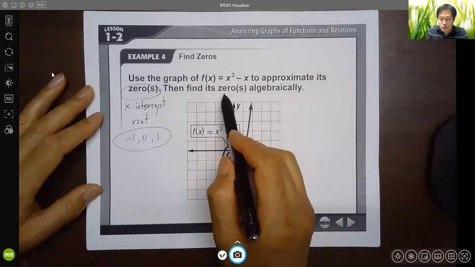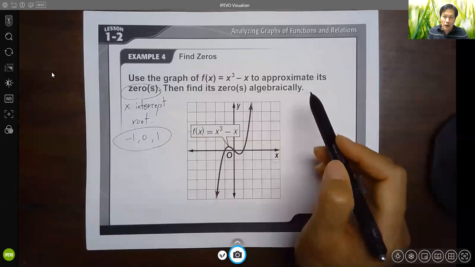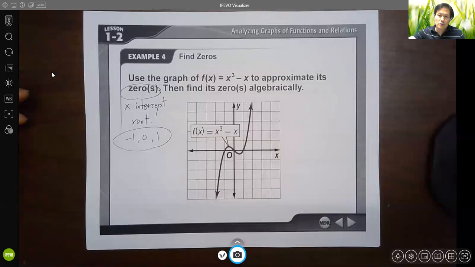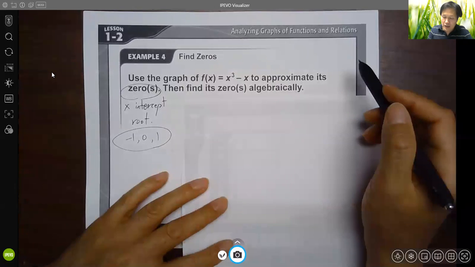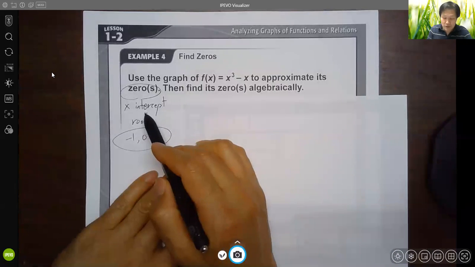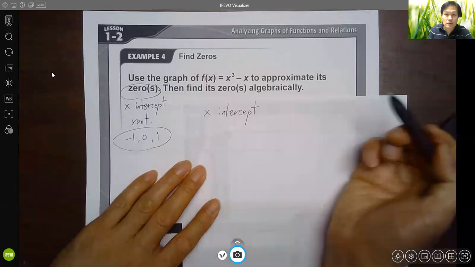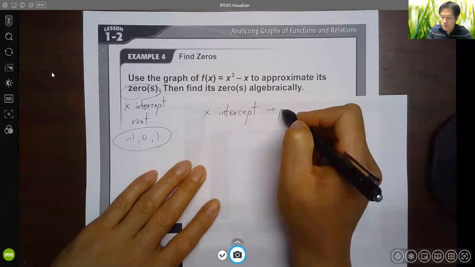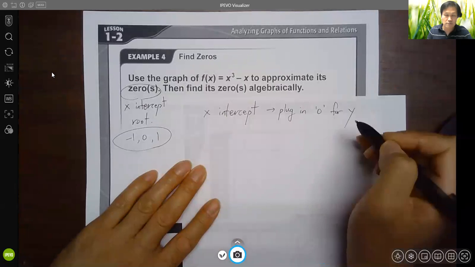Then find its roots, or zeros, algebraically. We did the y-intercept algebraically; now how do you find the x-intercept? Plug in 0 for y.